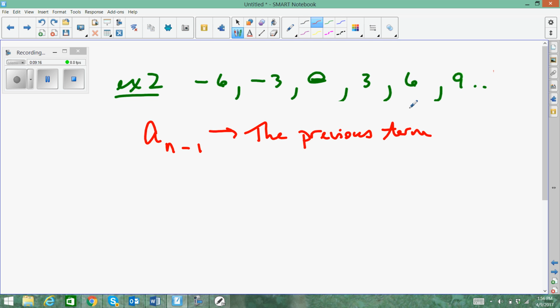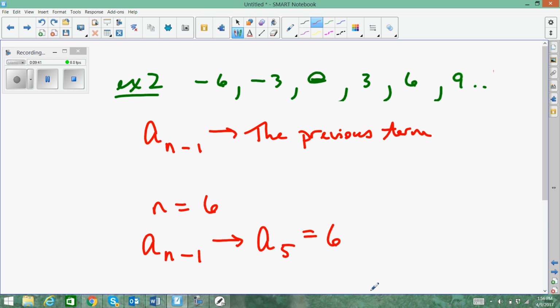So in other words, if I said that n was equal to 6, and I asked you to find a sub n minus 1, that means that you're looking for a sub 5.